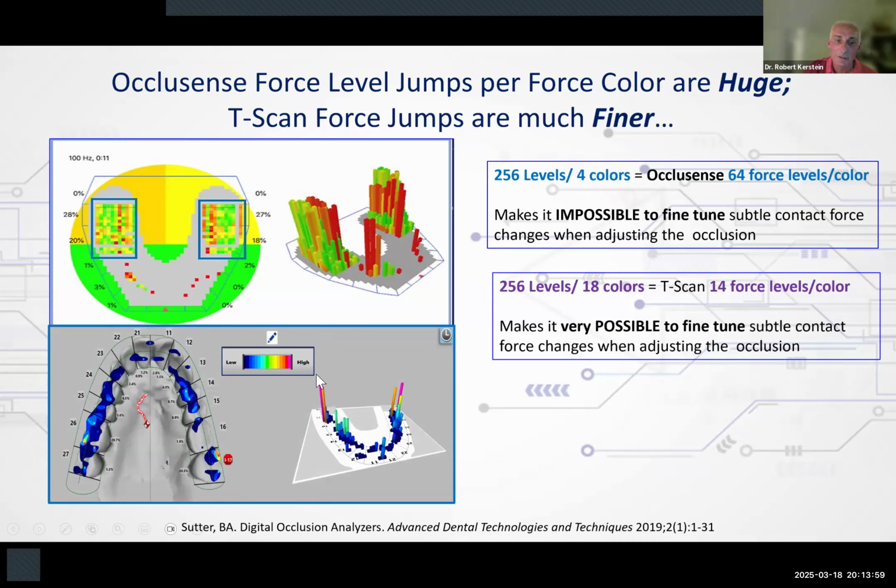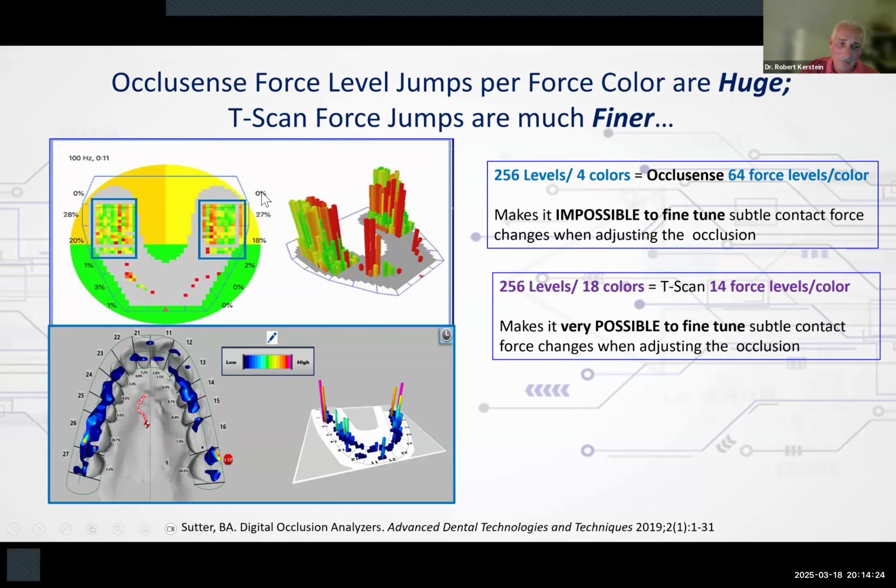So you don't have tall pinks and small pinks. You have tall pinks and tall reds and oranges for high force. You have orange, yellow, light green, aquamarine for medium force, and you have blue and dark blue and very dark blue for low force. And you can see the scale here. So there's no confusion. This is very confusing. What is the similarity between these 2 colors? Why is one small? Why is one tall?